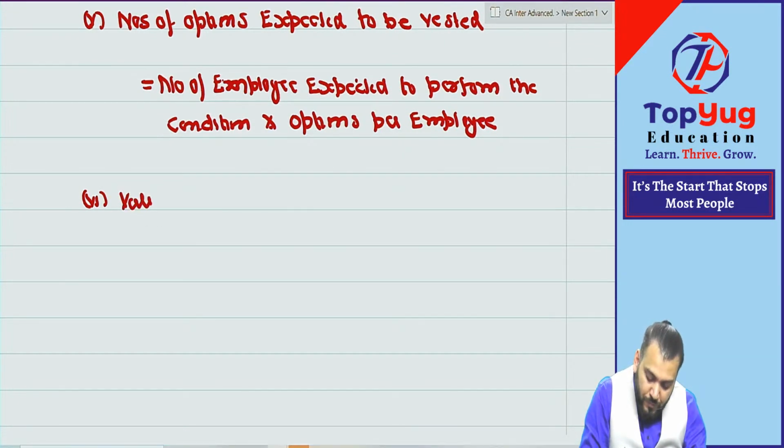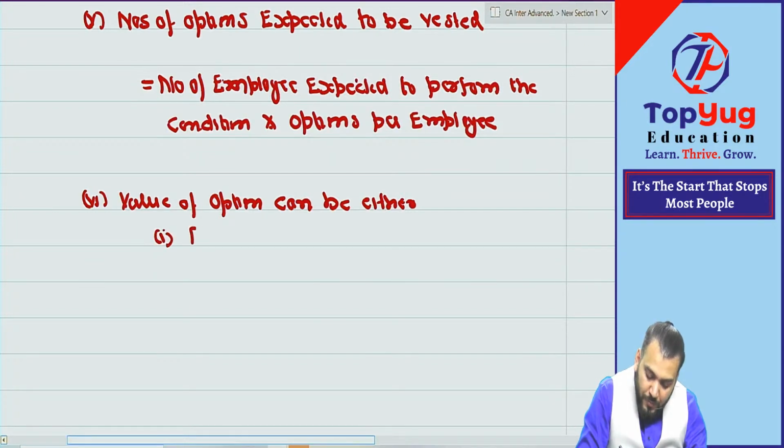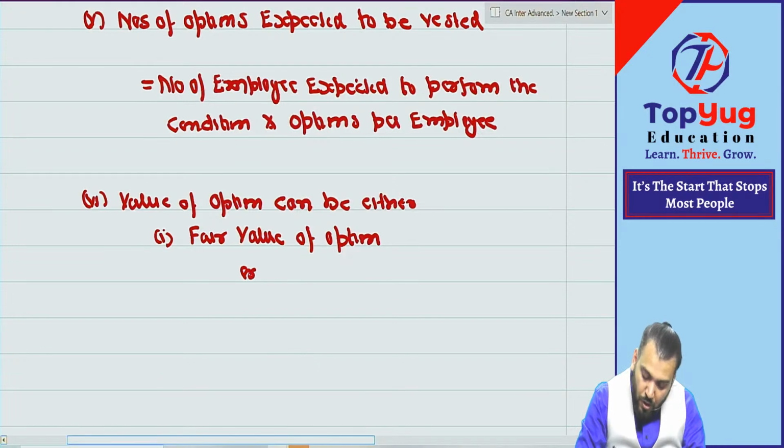Value of options can be either point number one, fair value of options, or point number two, intrinsic value of options.